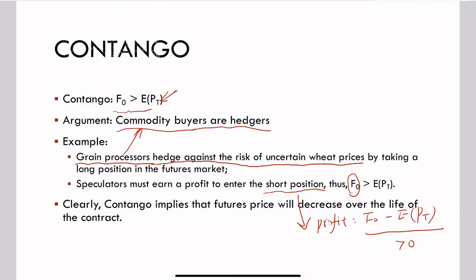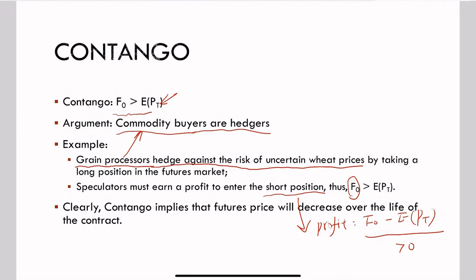And the second implication is futures price will decrease over the life of the contract. The reason is because in the beginning, F0 is larger than E(P_T). Again, by the convergence property, on this delivery date, we will have F_T equals P_T.